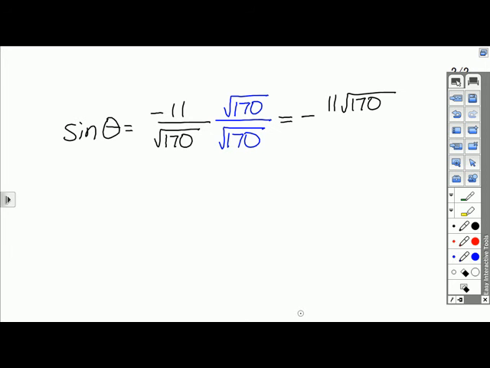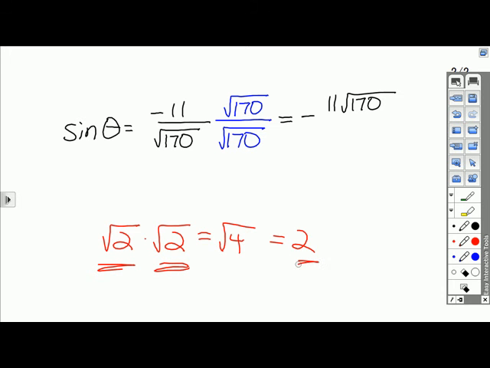It's harder to see maybe with big numbers like what we had, but if we try it with something smaller, do you agree that the square root of 2 times the square root of 2 is the same thing as the square root of 4? But that's just 2, right? So basically, if you have the square root of a number times itself, it is just the number. Same thing here: the square root of 170 times the square root of 170 is the whole number 170.